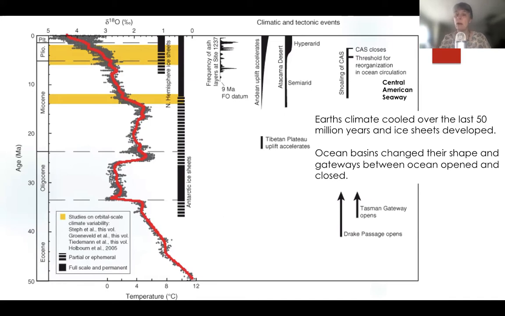And notably, over the last 50 million years, the Earth's climate has cooled dramatically from a climate where we had palm trees and crocodiles up around the Arctic to a climate where we have permanent ice over Greenland and over Antarctica. At the same time, we have seen the ocean basins change their shape, and then gateways, which are regions where water can move from one ocean basin to another one, have opened and closed.